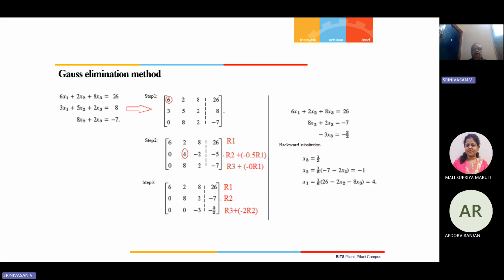Now, what do we do? Keep the first row intact. Okay. So 6, 2, 8, 26. Always keep the first row intact.